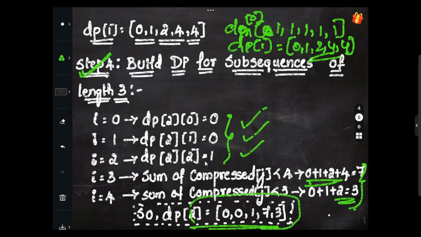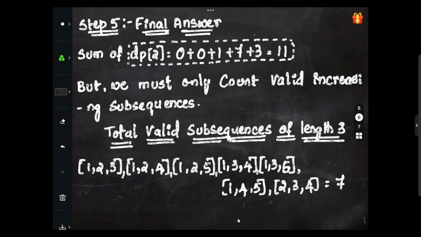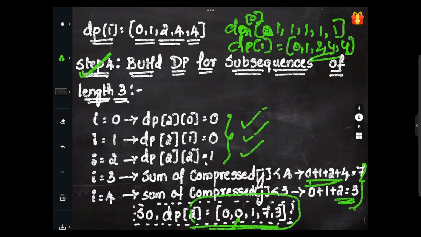I won't be explaining this one, just look into it and you'll get to know, right? So dp of 2 will be 0 0 1 7 3. Now we are done with dp of 0, dp of 1, as well as dp of 2.